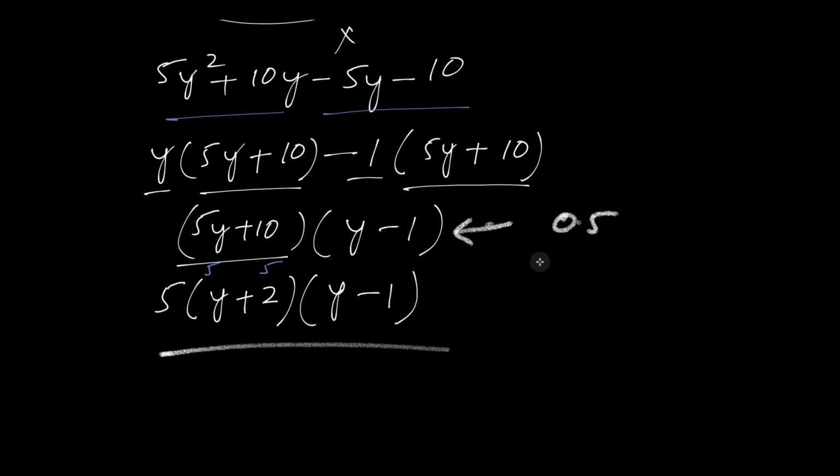Okay, so you have to keep in mind that as much as possible you have to try to solve the equation till it can no longer be solved. So we should not keep 5y plus 10 as it is, because 5 is a common factor between 5y and 10. That's the reason I'm going to take 5 outside the parenthesis, and we have to write the proper answer after dividing by 5.